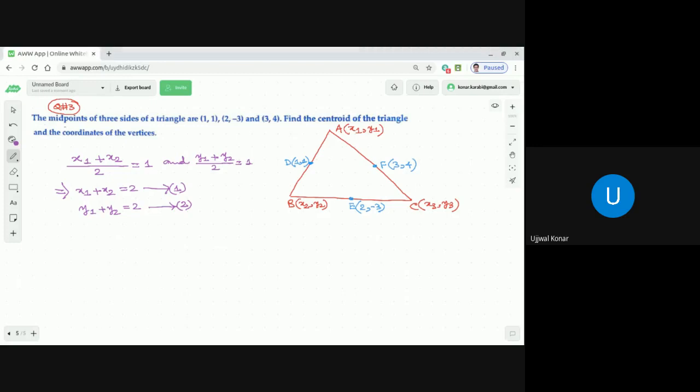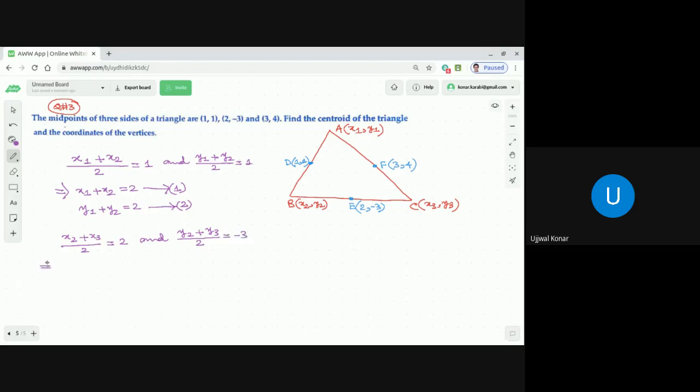Now, in the similar manner, what we get is that coordinate of the point E is (2, -3), and E is nothing but the midpoint of BC. So we can write, x coordinate of the midpoint of BC should be x2 plus x3 by 2 is equal to 2, and y2 plus y3 divided by 2 is equal to -3.